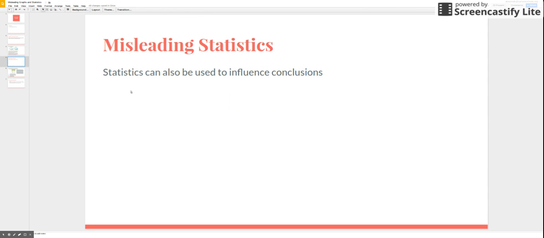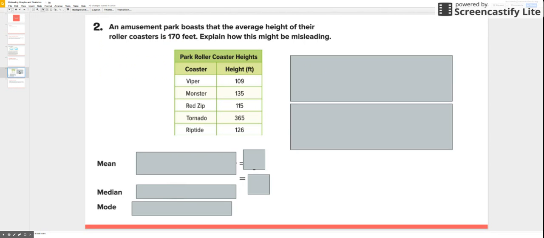Misleading statistics. Statistics can also be used to influence conclusions. All right, so here's an example of that. An amusement park boasts that the average height of their roller coasters is 170 feet. Explain how this might be misleading. So you're going there and you're expecting all of them to be about 170 feet, right? Let's look at all the heights of the roller coasters here.